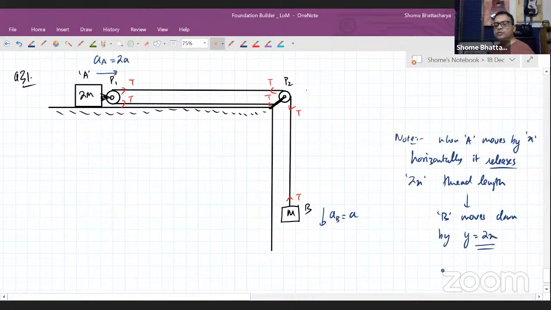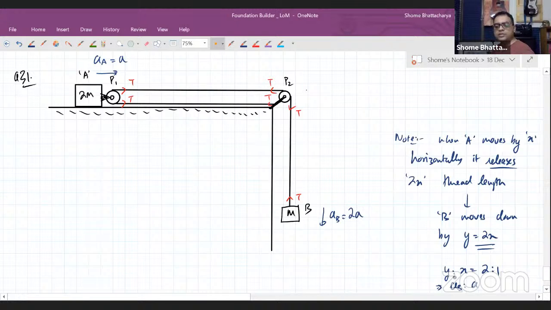So therefore, the downward displacement to the horizontal displacement relation is 2:1. That's why acceleration of B is to acceleration of, sorry, my mistake. If this one is A, then this one will be 2A. If this moves by x, it will release 2x amount of thread.